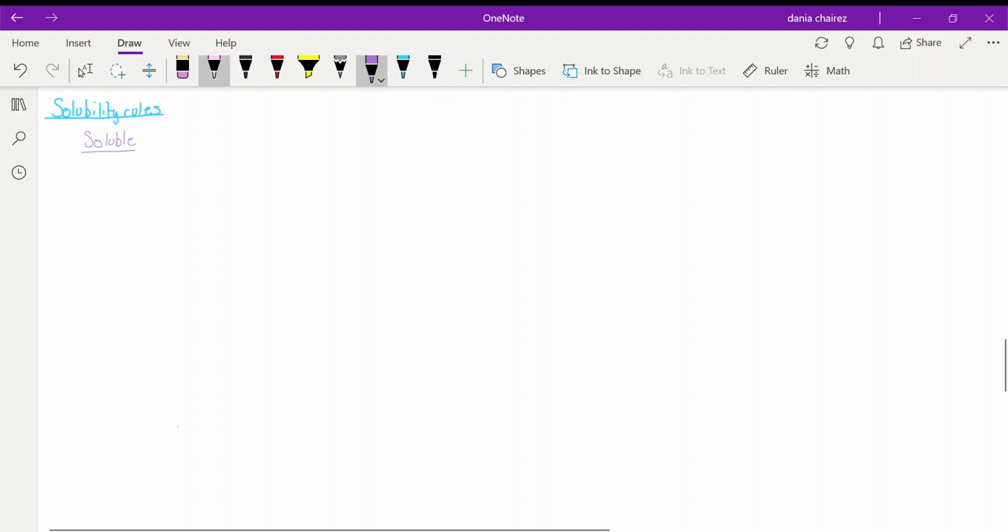So then, soluble. If you guys remember the acronym Kashinga, which I just pronounce Kachinga. Your first C stands for chlorate plus perchlorate. Your A stands for acetate.